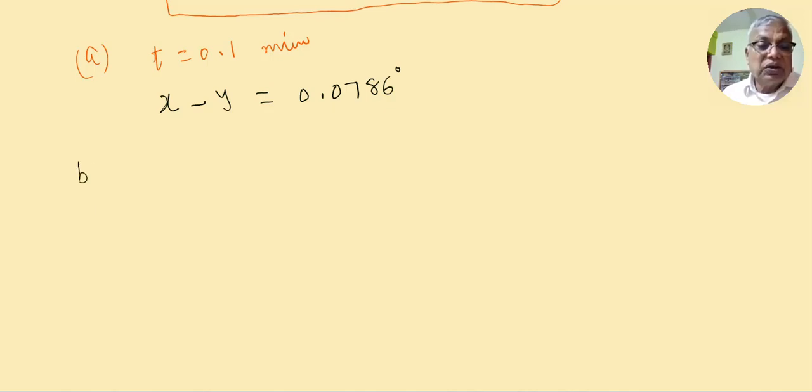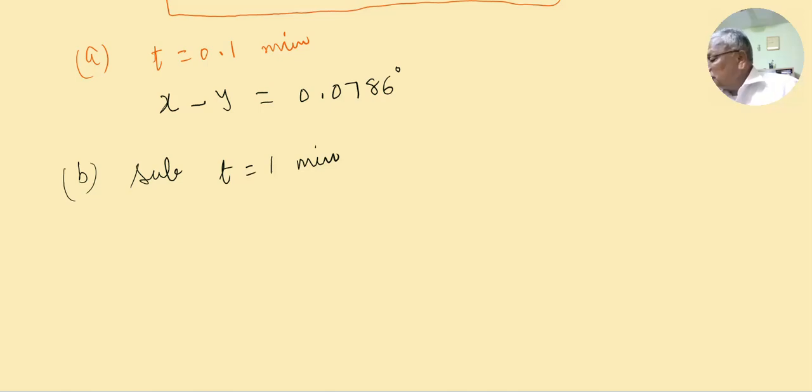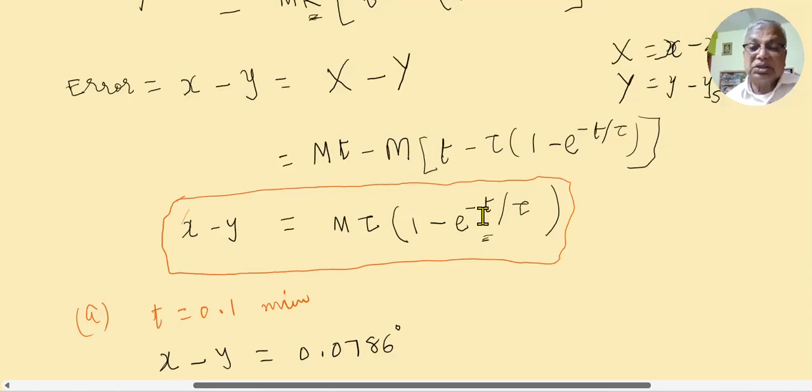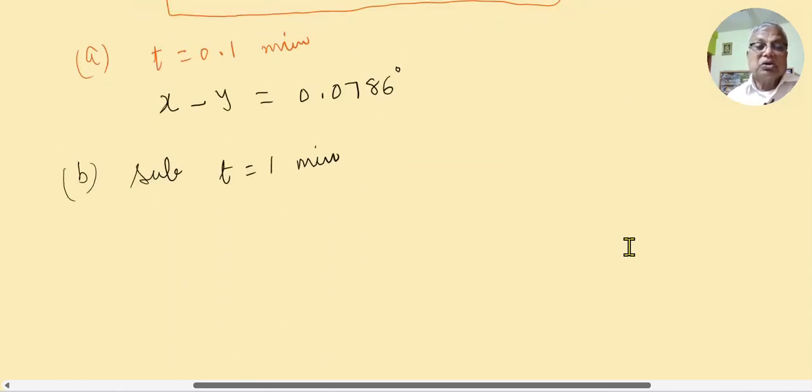Similarly, for part B, you substitute t equal to 1 minute. The error equation is the same. In this equation, you substitute t as 1. What are you going to get?